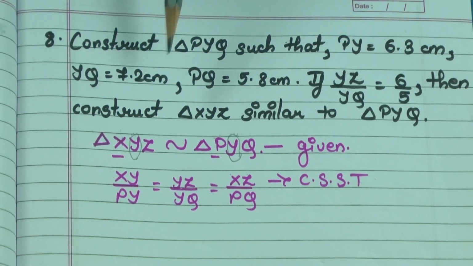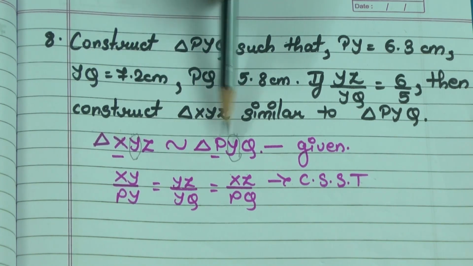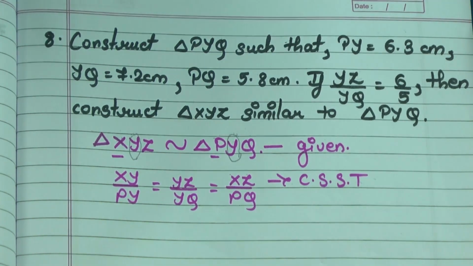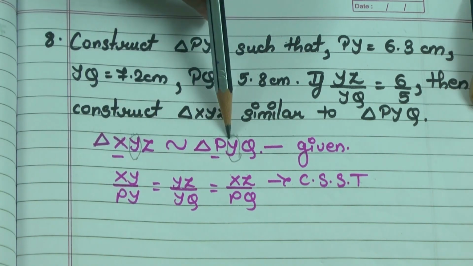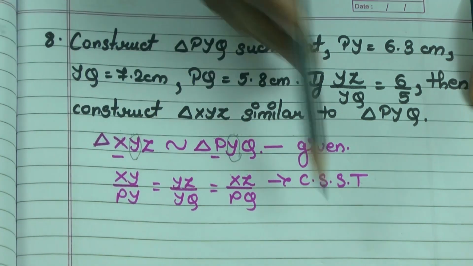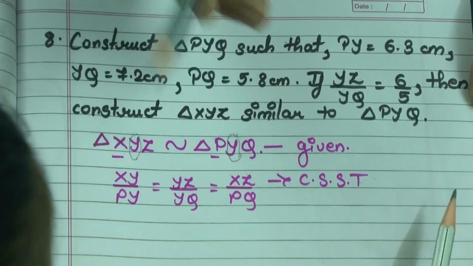So here these two triangles are similar, they have the common vertex Y. So first we will draw a rough diagram and then we will go for construction. As Y is a common vertex, let's take Y as a base, mark it as Y.